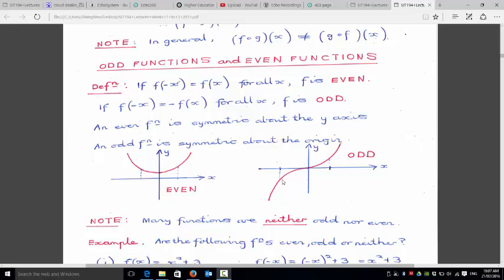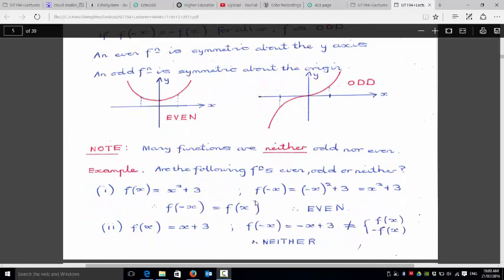Given minus x, for example here, the function f(-x) is symmetric about the origin to this one, f(x). If we rotate the sketch of the function about the origin, we get exactly the same sketch.